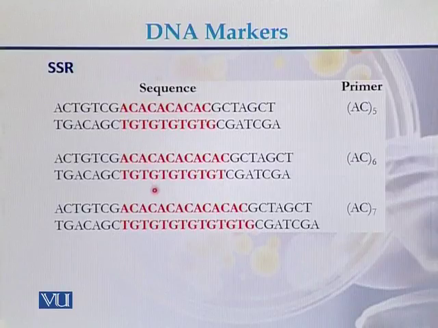In the second DNA molecule, AC has been repeated 6 times. And in the third DNA molecule, it has been repeated 7 times. So this is the example of the SSR, where it can be in the form of dinucleotide. It can be tri, tetra, pentanucleotides, and they are examples of SSR.